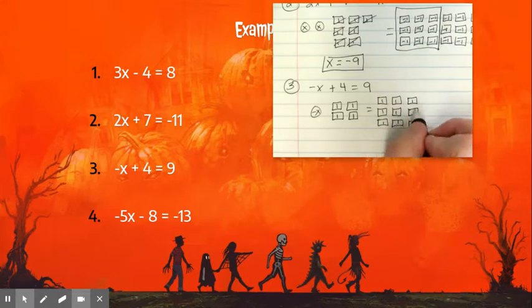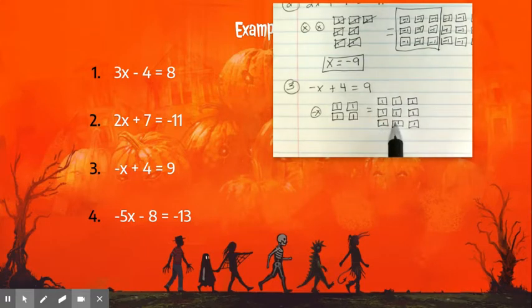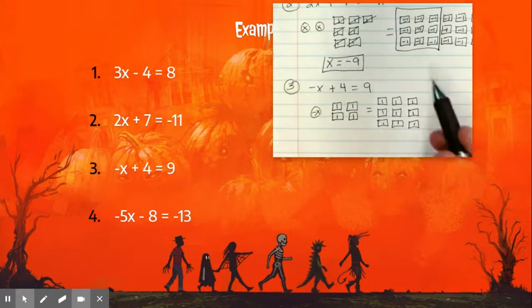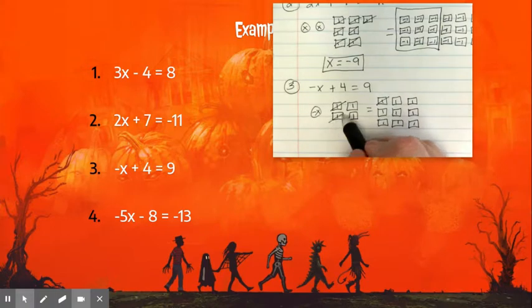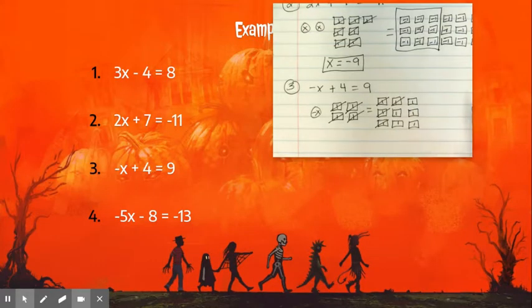Okay, when they are the same sign, so if these are both positive on both sides or both negative on both sides, we can just cross out one for one. So we're just going to cross out one here, one here, one here, one here. Okay, and then this leaves negative x equals 1, 2, 3, 4, 5. If this x is negative, that means all of these numbers are going to turn negative. So we're going to be left with x equals negative 5.